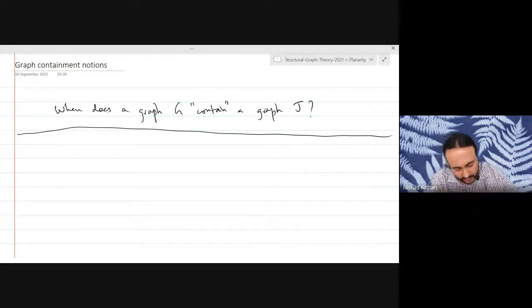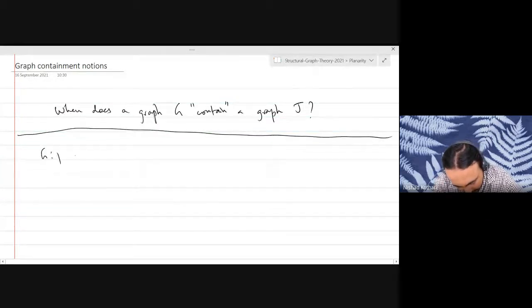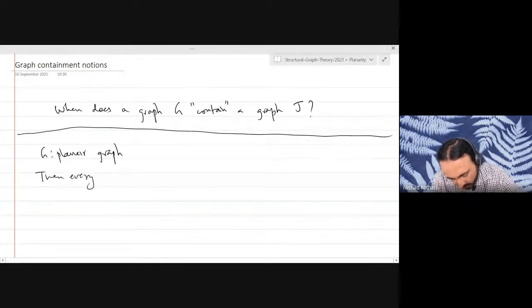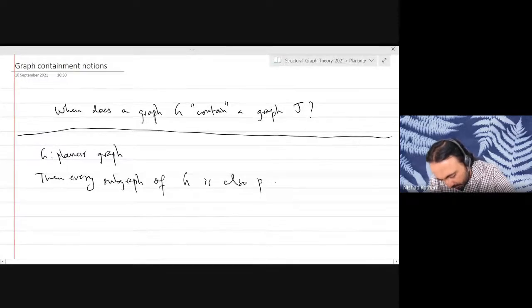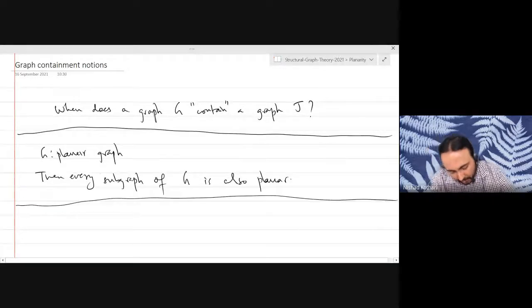Okay, so yesterday we observed that if G is a planar graph, then every subgraph of G is also planar, right? And so subgraph can be thought of as a graph containment notion.